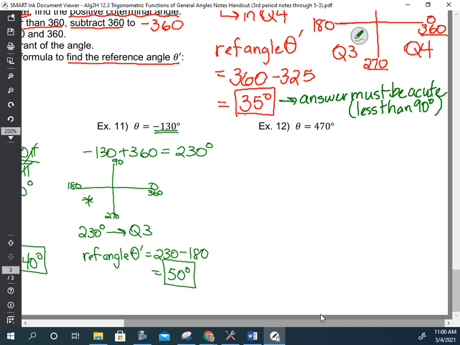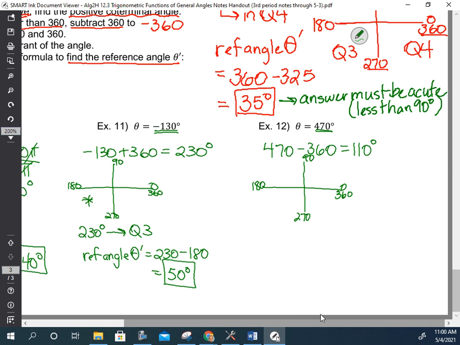Example 12 works the exact same way. In this case, 470 is bigger than 360, so we're going to force it down first. So 470 minus 360, 110. So quadrants go, again, I'm drawing it because it's notes that I'm uploading.